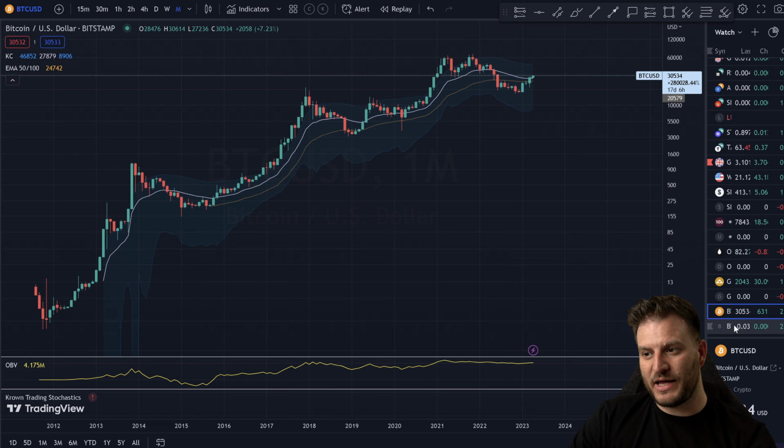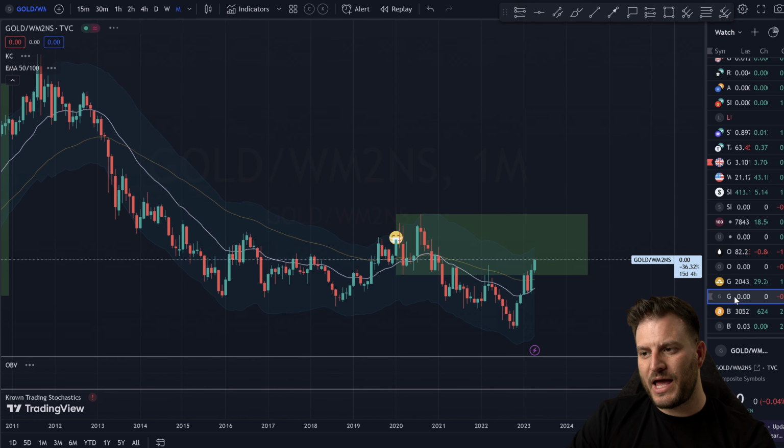But let's have a look at it with the money supply now. So this is with the money supply. And as you can see, it's probably the only chart which looks similar to the chart without the money supply taken into account. This Bitcoin is one of the only charts you'll see where we are actually above the level that we were at in the pandemic. If we have a look at gold, we are below.